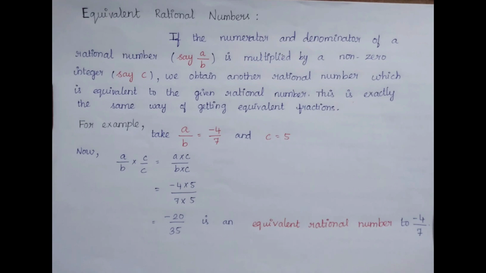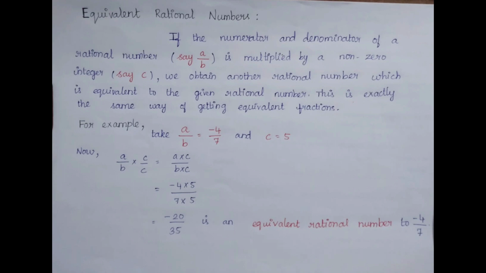For example, if we take a by b is equal to minus 4 by 7 and c is equal to 5. Now, if we multiply c with a by b, we get a by b into c by c is equal to a into c divided by b into c.